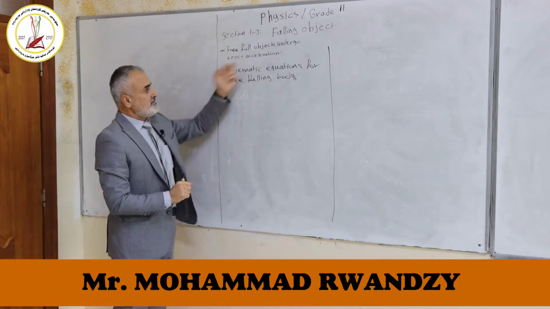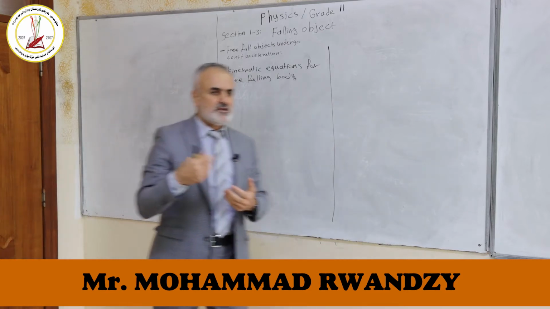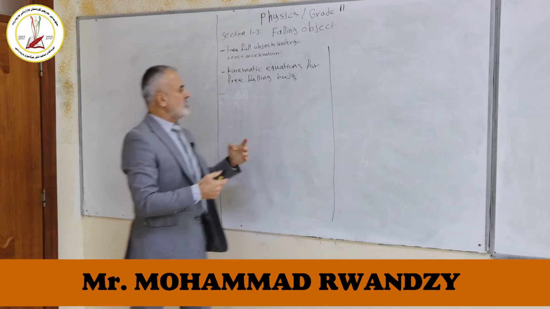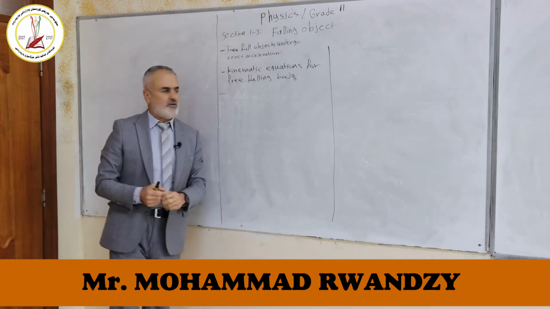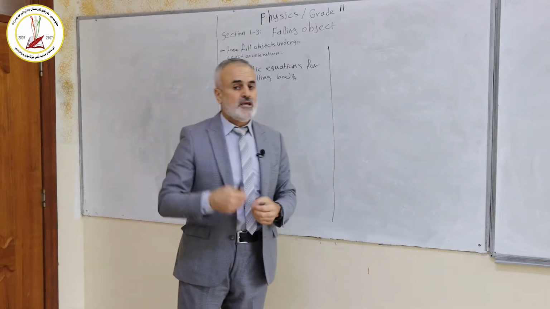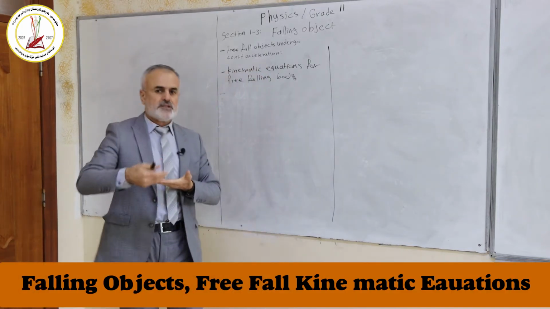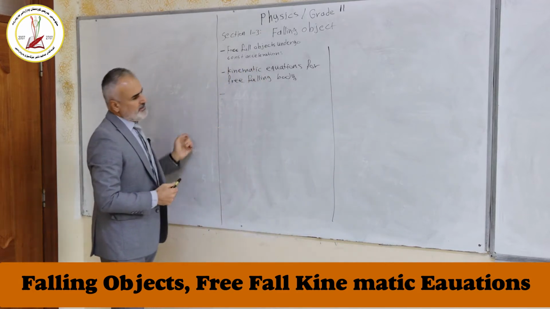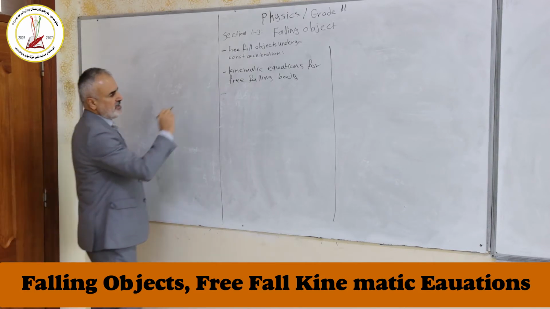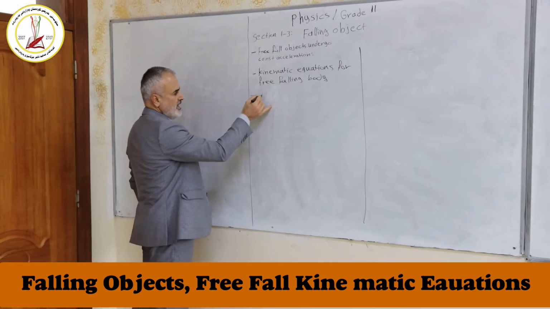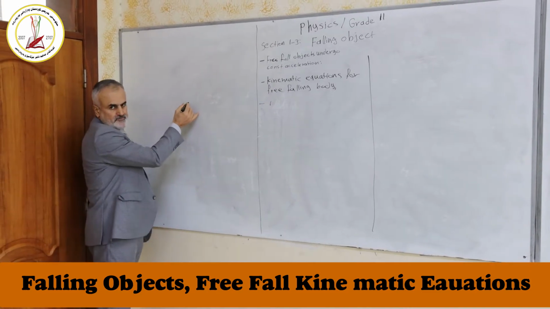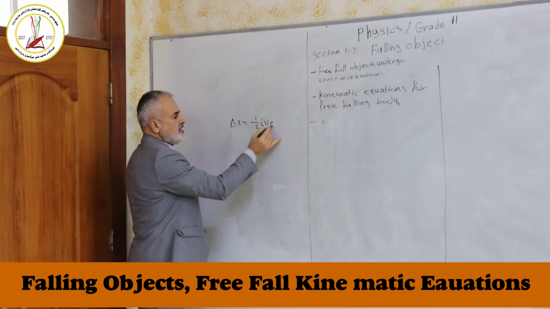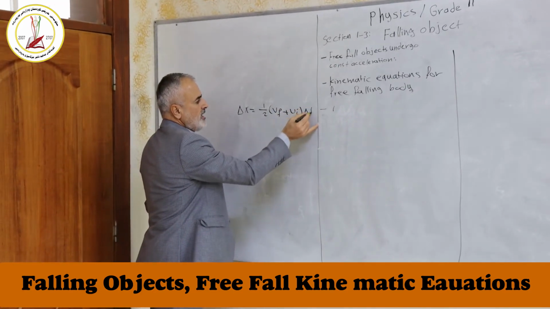Okay, so you remember we derived four equations for the motion, called kinematic equations, for the motion of an object. Now today we come to derive these kinematic equations again for a free falling object. If you remember, student, our equations were, let you write down here: first, delta x equals 1 over 2 times V final plus V initial, all times delta t.